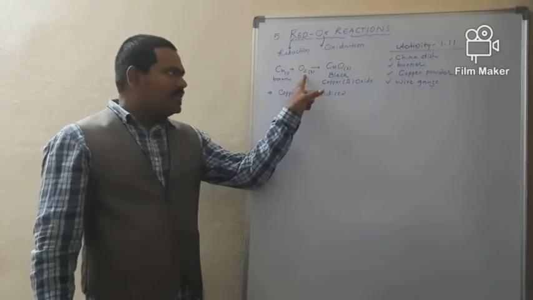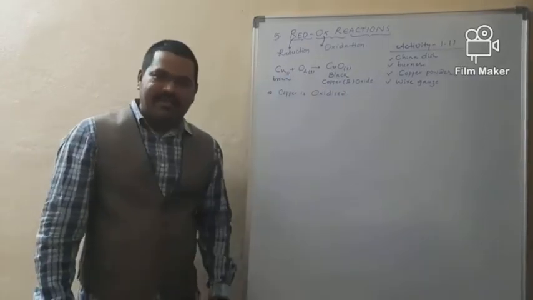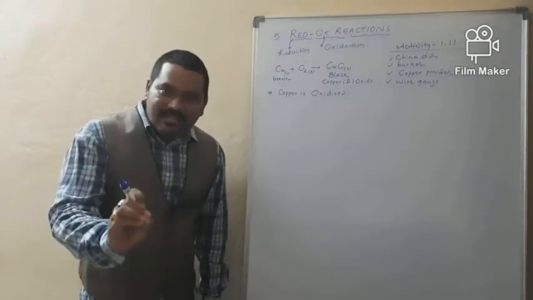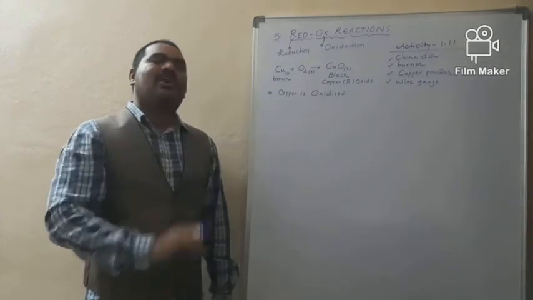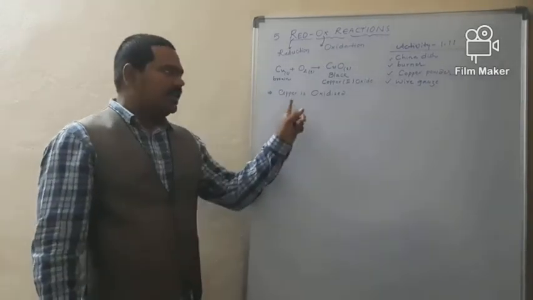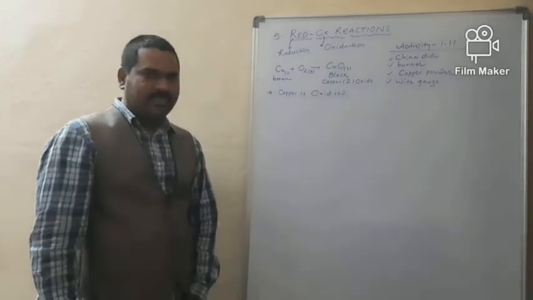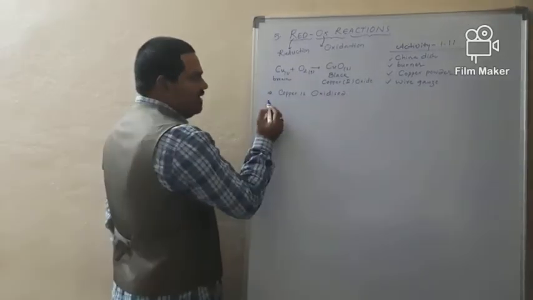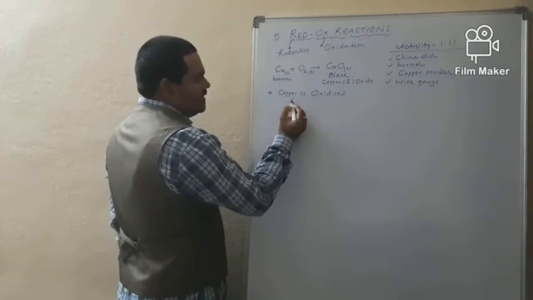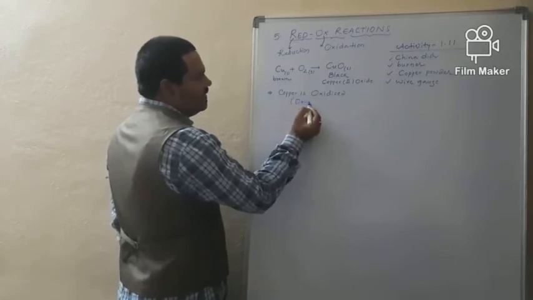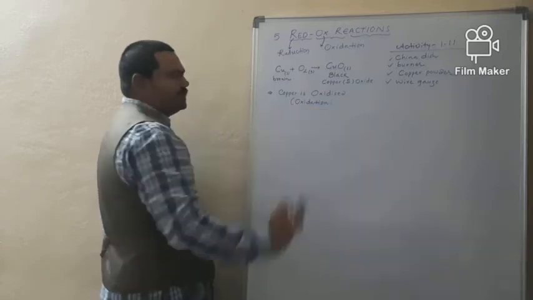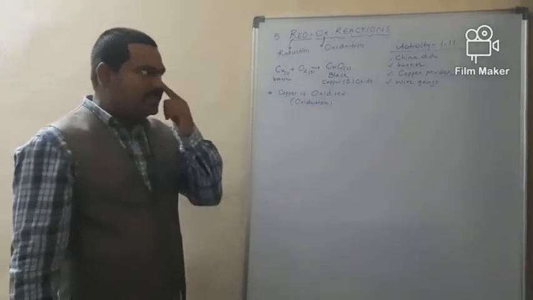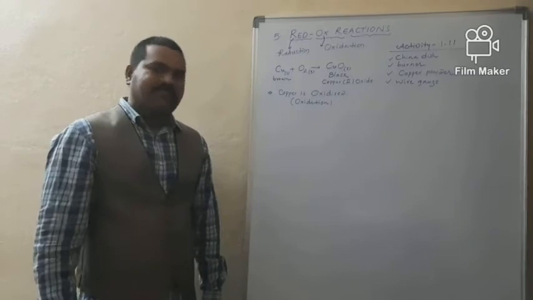Addition of oxygen to any substance is called oxidation. The substance which receives oxygen is said to be oxidized. So here you can define the process of oxidation comfortably. What is that? Addition of oxygen to any substance.